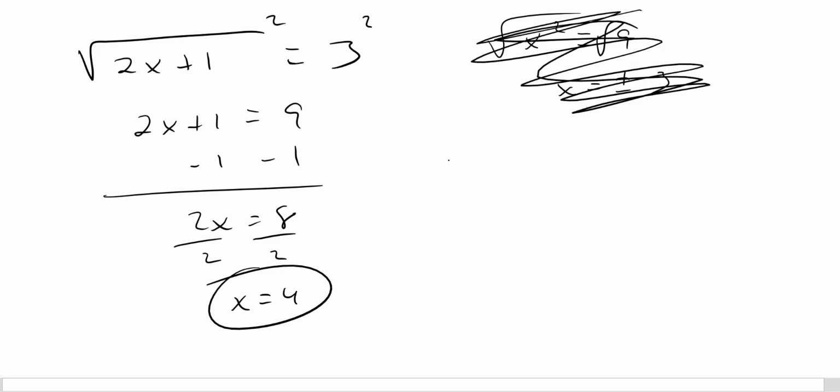Okay, let's do another one here. 3 plus the square root of 3x minus 4 is equal to, let's just go with 11. Okay, so the first thing I'm going to do is I'm going to subtract 3.